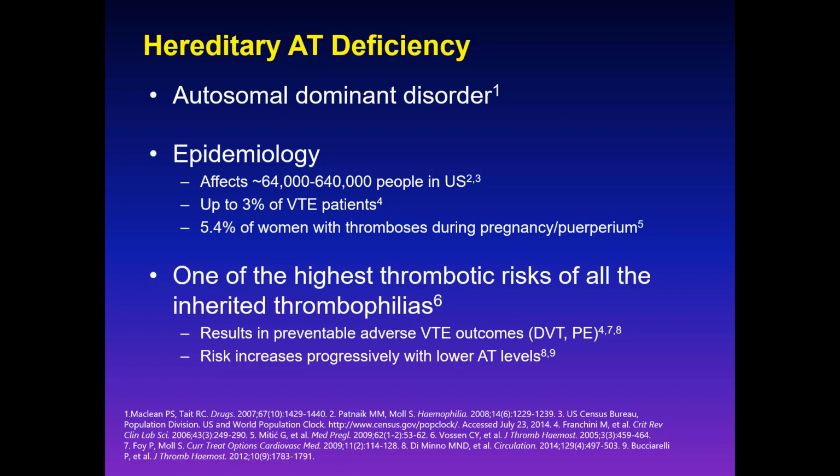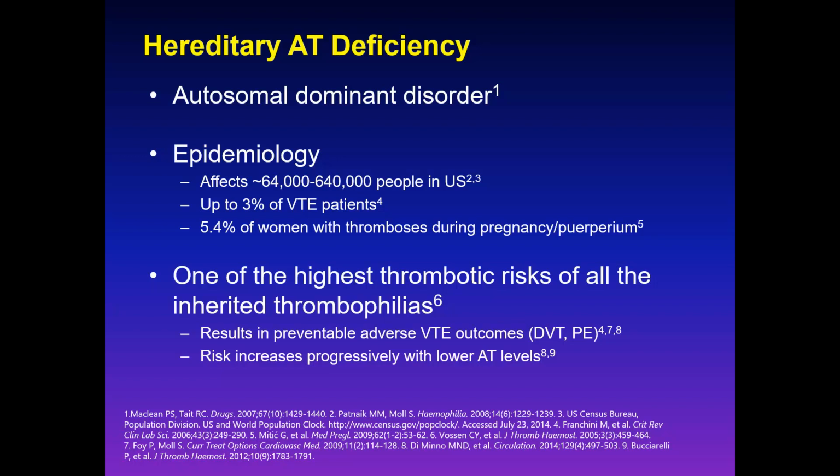And a high percentage, 5.4% of women with thromboses during pregnancy, have hereditary antithrombin deficiency. As Dr. Streif mentioned earlier, one of the highest thrombophilic risks of all the inherited thrombophilias is because of hereditary antithrombin deficiency.